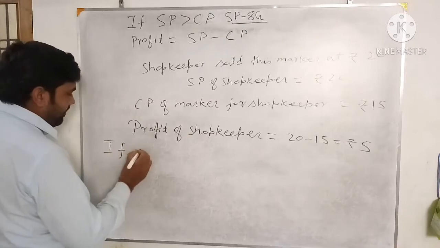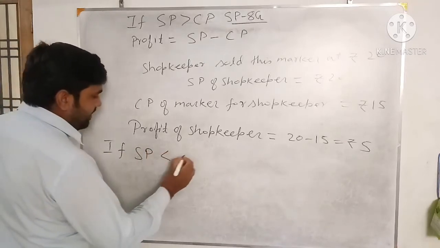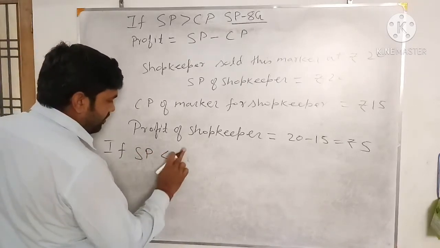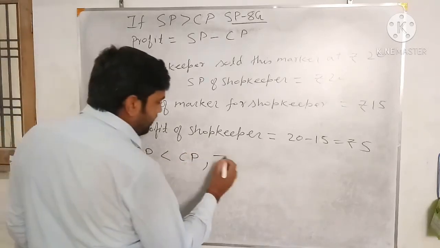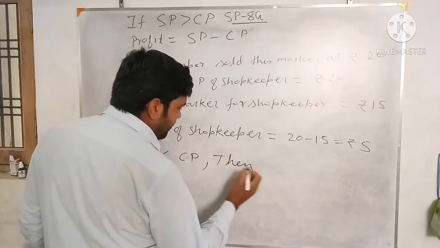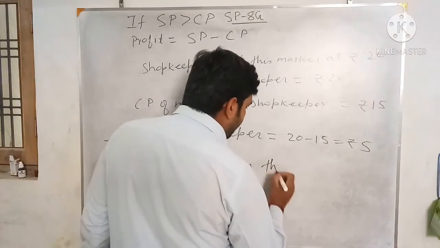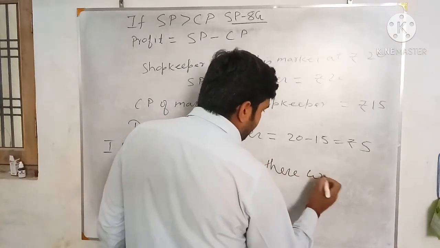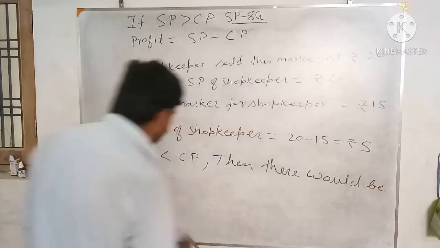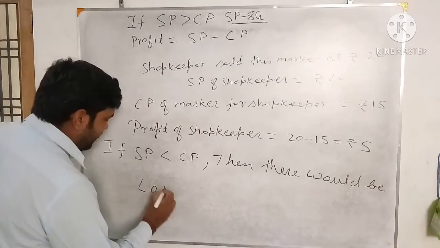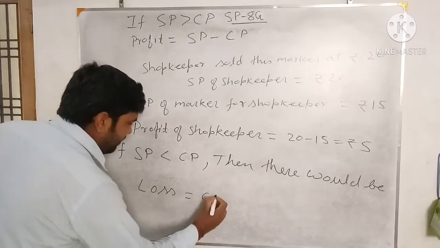If the selling price is less than the cost price, then there would be loss, and this loss equals CP minus SP.